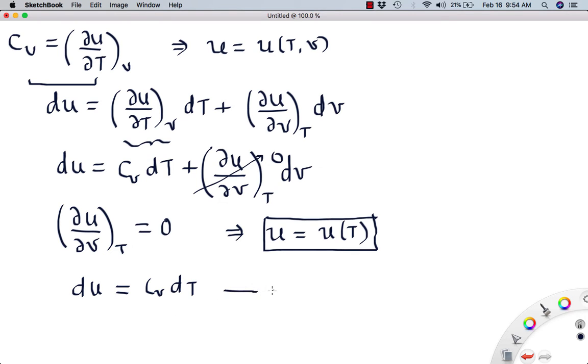Let's call this equation 1. We also got an expression for Cp in terms of enthalpy.